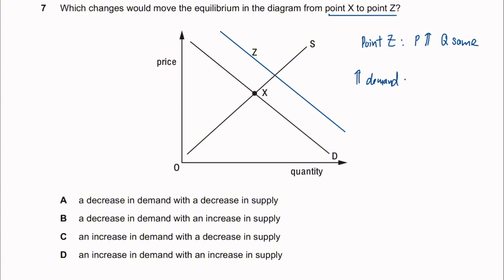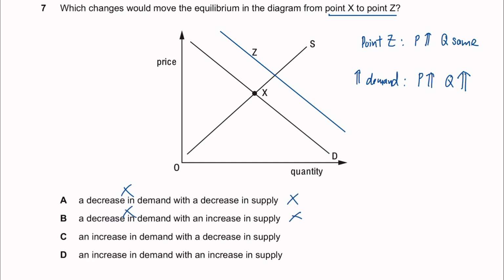Okay, and from here we know it cannot be a decrease in demand because it will result in a lower price, which is not what we want to find. We need to find what will cause the price increase, right? So we eliminate a decrease in demand. So A and B are definitely not the correct answer.